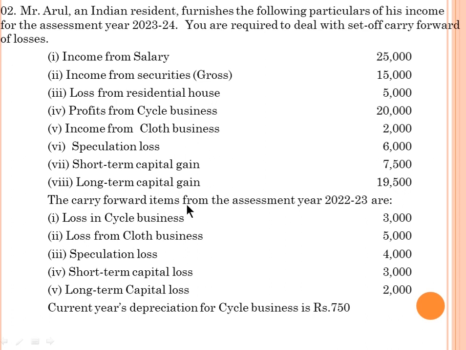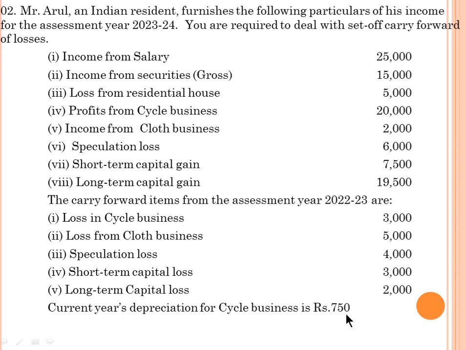The carry forward items from the assessment year 22-23 are loss in cycle business 3,000, loss from cloth business 5,000, and speculation loss 4,000. Also given are short term capital loss 3,000 and long term capital loss 2,000. Current year depreciation for cycle business is 750. Simple. This is yet another important problem.